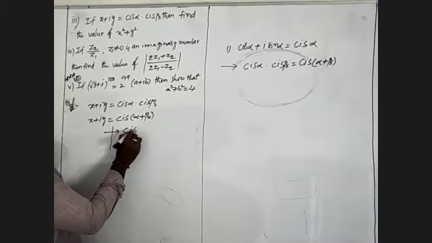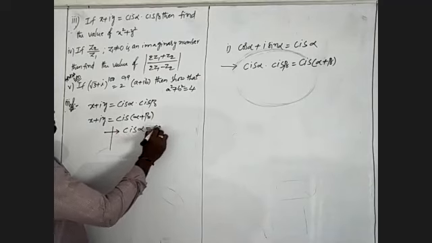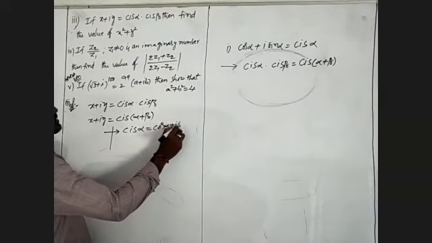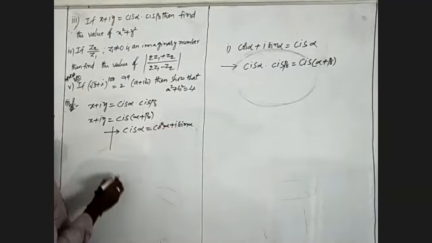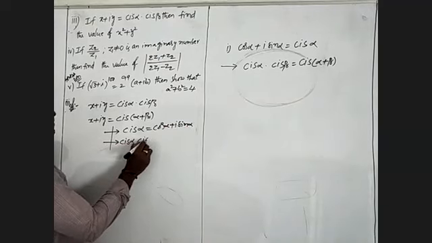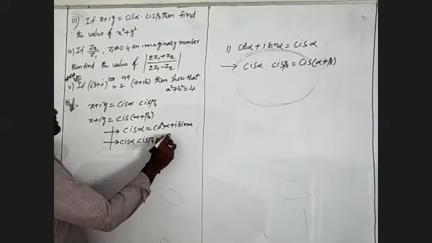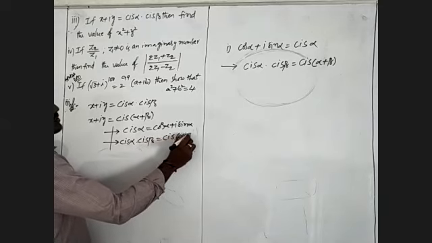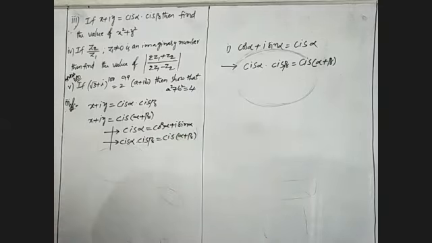The first condition is cis alpha is nothing but cos alpha plus i sin alpha, and one more condition is cis alpha into cis beta is nothing but cis of alpha plus beta.